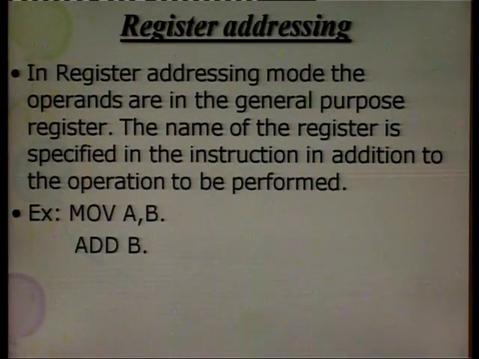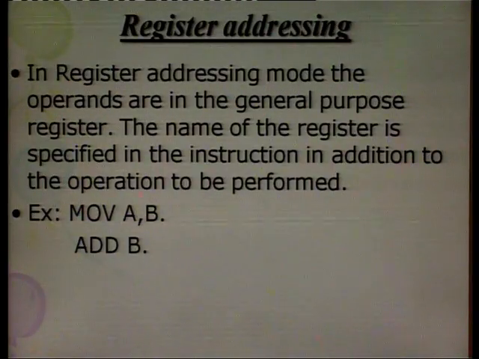These general purpose registers are A for accumulator, B, C, D, E, H and L. When we have already stored data in these general purpose registers and the accumulator, and instead of giving the data we mention the name of the register in which the data is already stored, this type of mentioning the operands in an instruction is called register addressing.